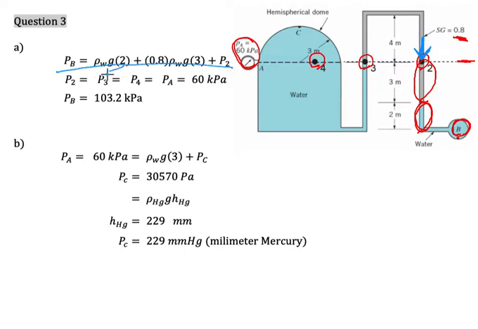We have rho g of 2 meters, then rho g of 3 meters, and then we add the pressure at point number 2. Because we know that the pressure at point number 2 is equal to 60 kilopascal here, the total pressure at point B is 103.2 kilopascal.